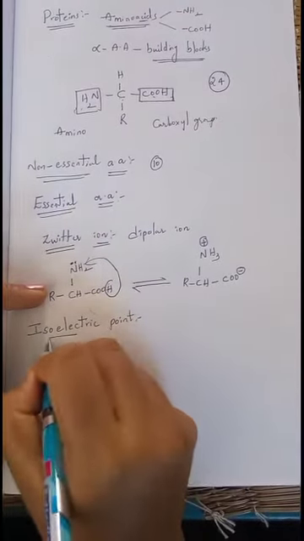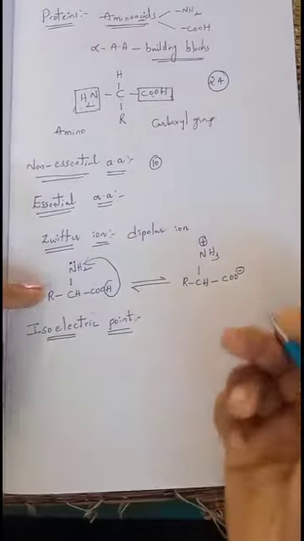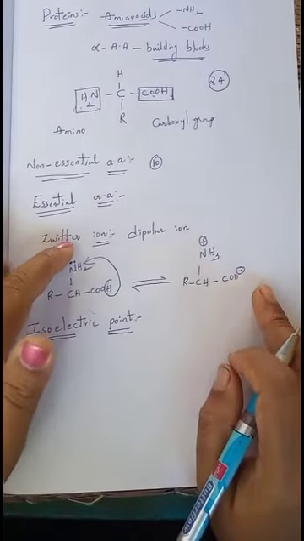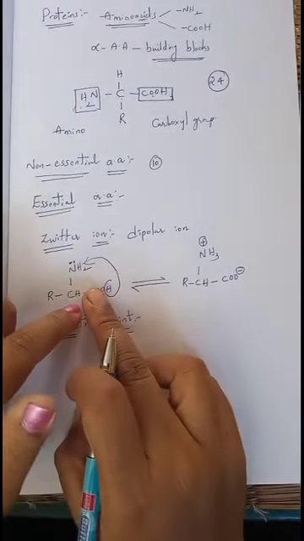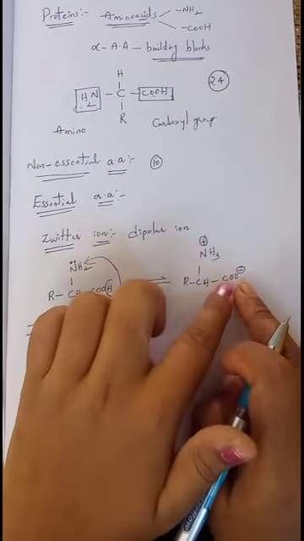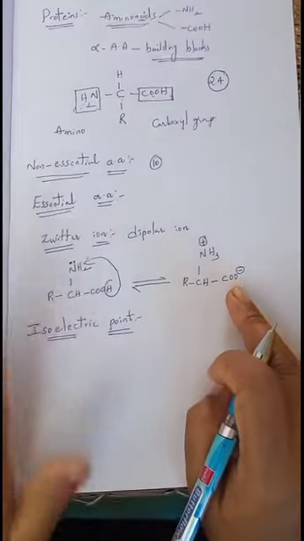This is also another important property of amino acids. So till here I think you are clear. Zwitter ion is the form in which the amino acid exists as a dipolar ion, with two poles.